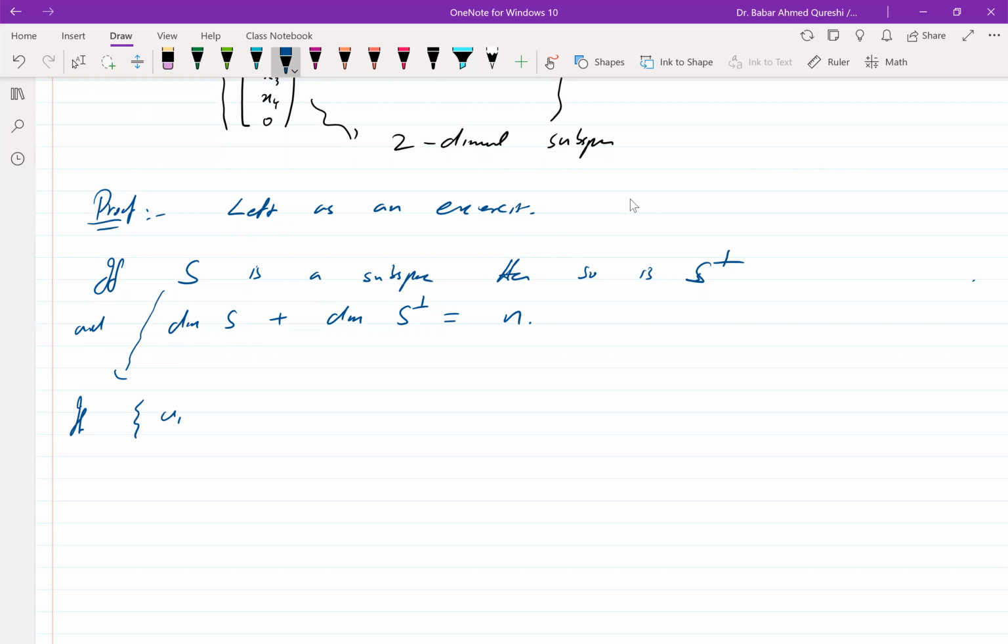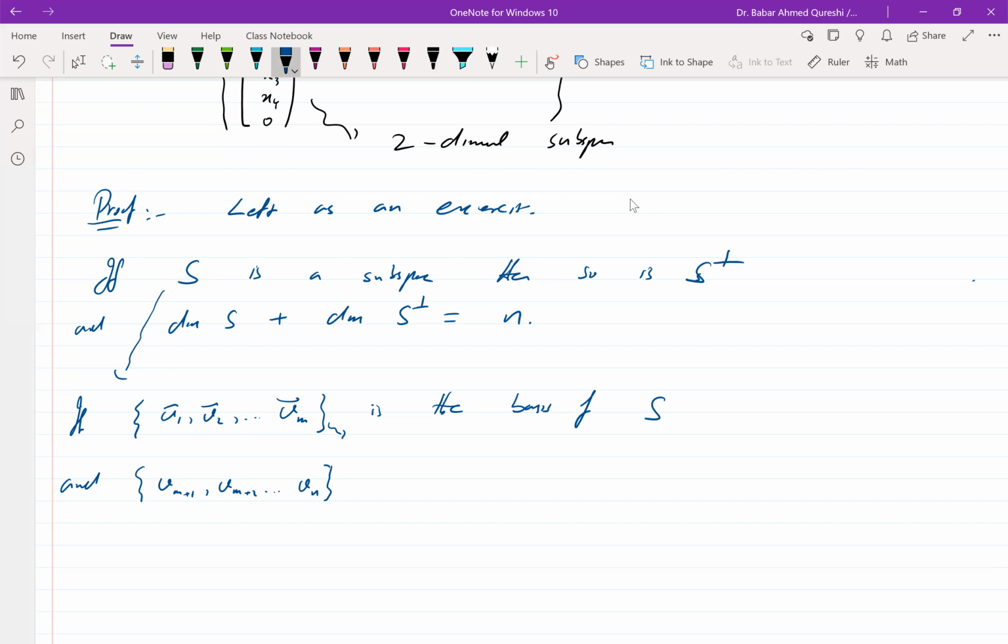Suppose S is m dimensional, and V1, V2 up to Vm is the basis of S, and similarly we are given some basis of S orthogonal, Vm plus 1, Vm plus 2, up to Vn, because we know that the total dimension has to turn out to be n.